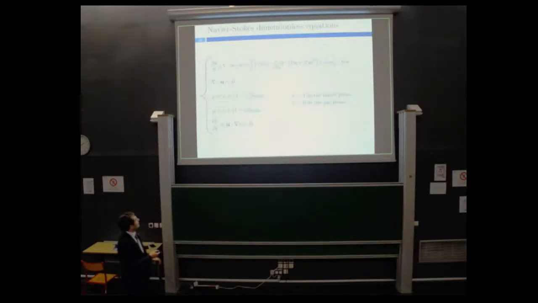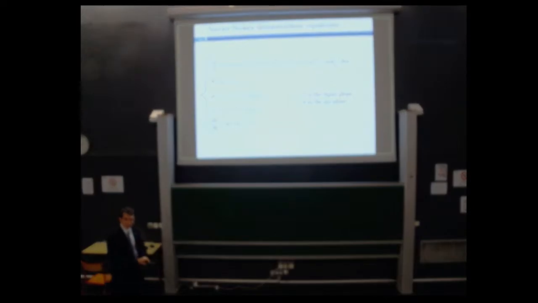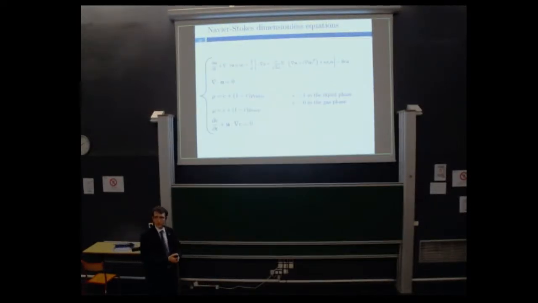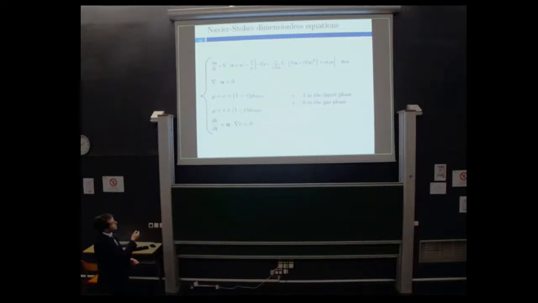So now we can introduce the dimensionless equation we will solve during our numerical simulation. We will solve the dimensionless Navier-Stokes equation with, on the top, the momentum conserving equation. On the left-hand side, you've got here the acceleration term, and here the advection term. And on the right-hand side, you've got the different forces.